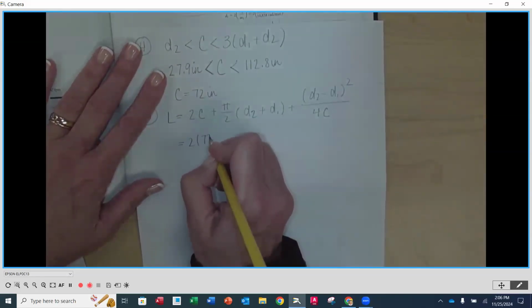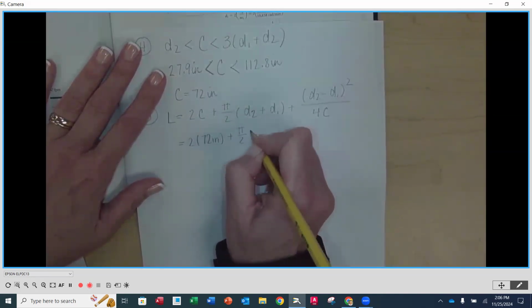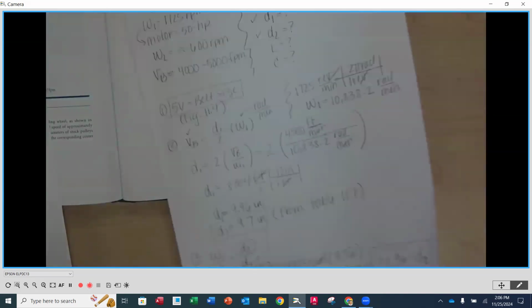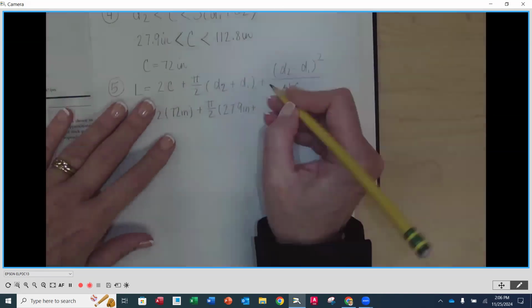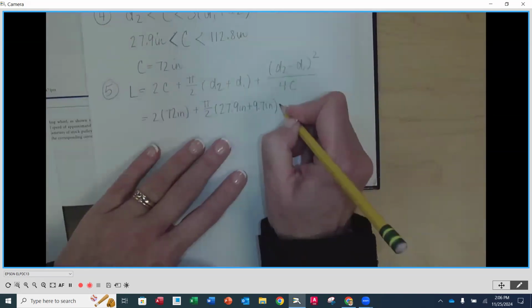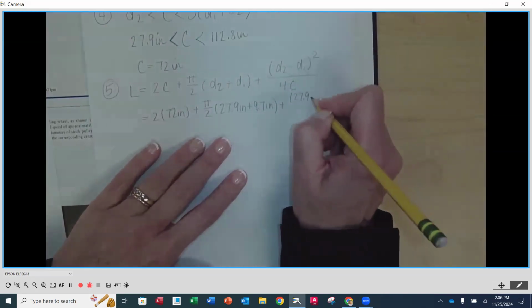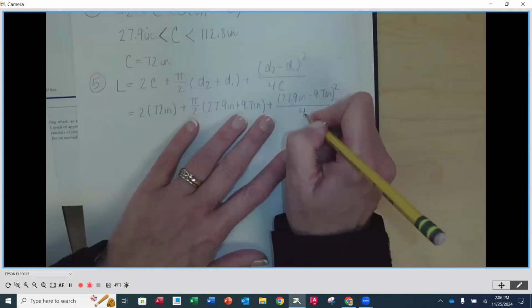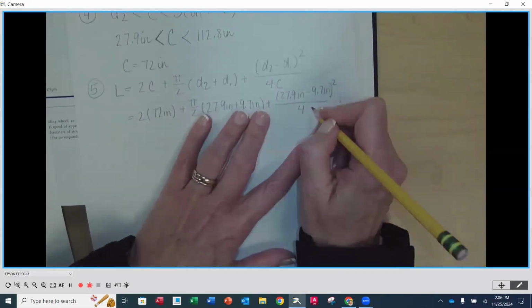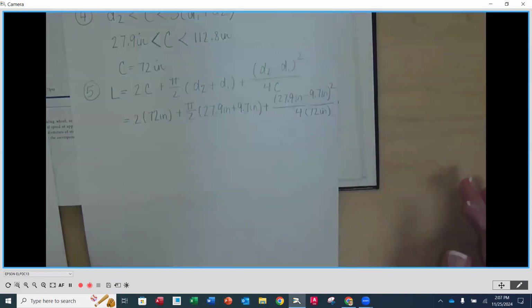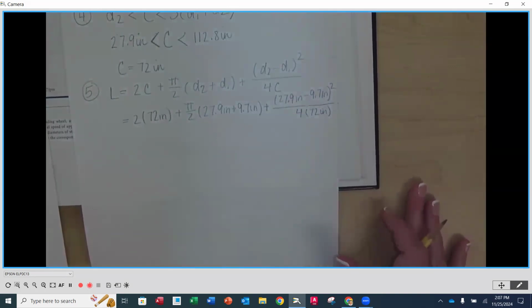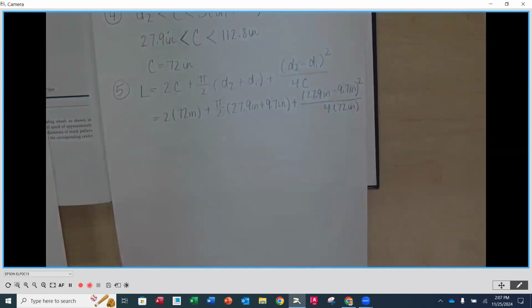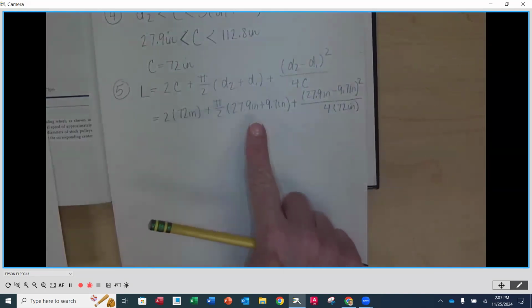So this is going to be 2 times 72 inches plus pi over 2 times 27.9 inches plus, let's forget what that was, 9.7 plus... Make sure you put your units in every form so that you can verify that you're going to end up with inches plus inches plus inches.